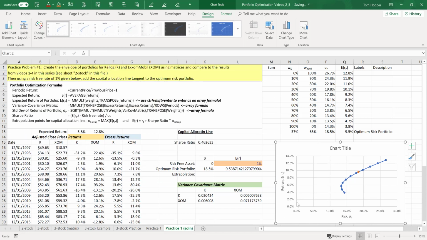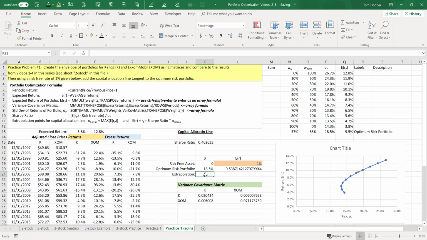So we want to draw that line that goes from 1% through the tangent point out to the maximum risk. So let's find the maximum risk using this formula. And let's find the corresponding return using this formula.